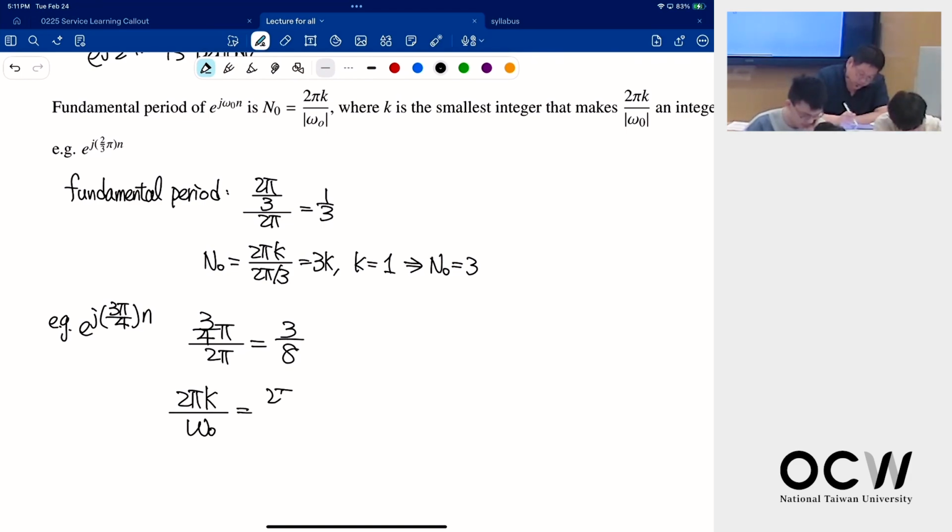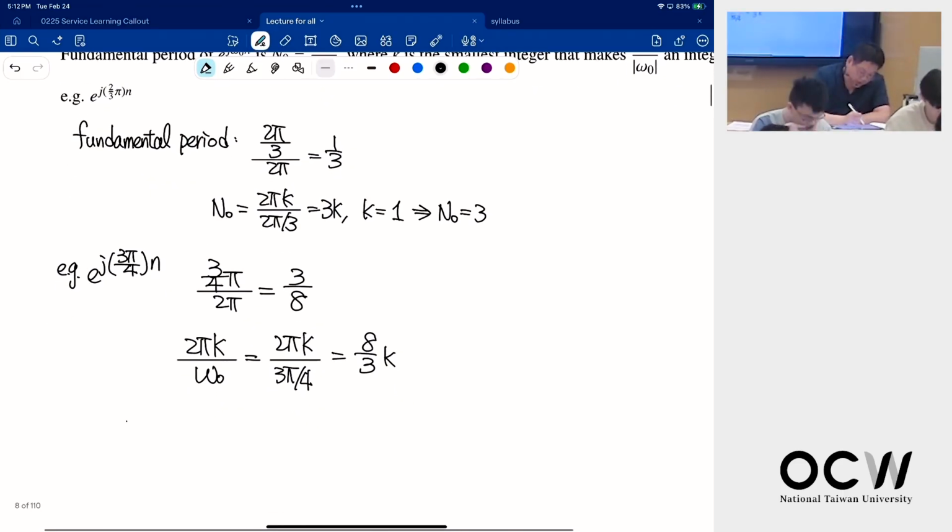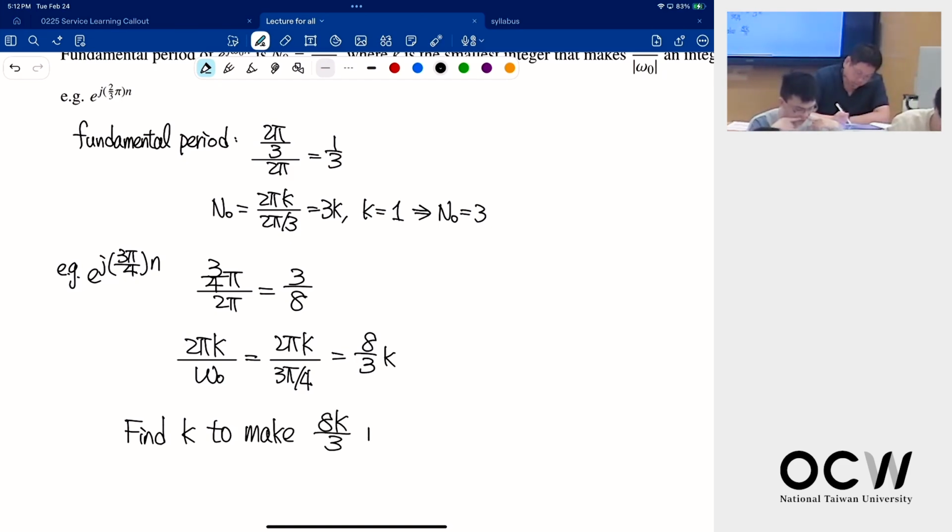That's 2 pi k divided by 3 pi over 4. So that is 8 over 3 times k. Right, so now what is the fundamental period n naught and what is k? We need to find the k to make 8k over 3 an integer. So how much? The fundamental period n naught should be 8, right? Because I can choose k equals 3.